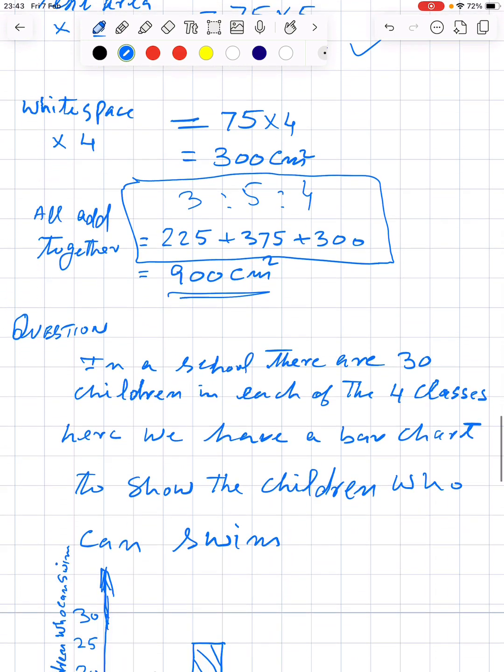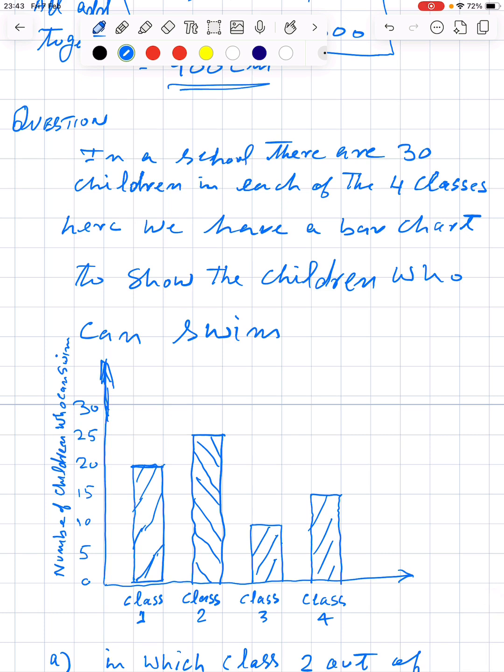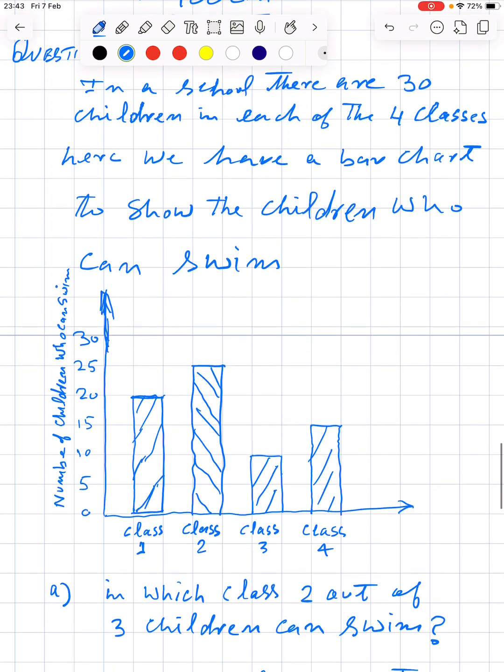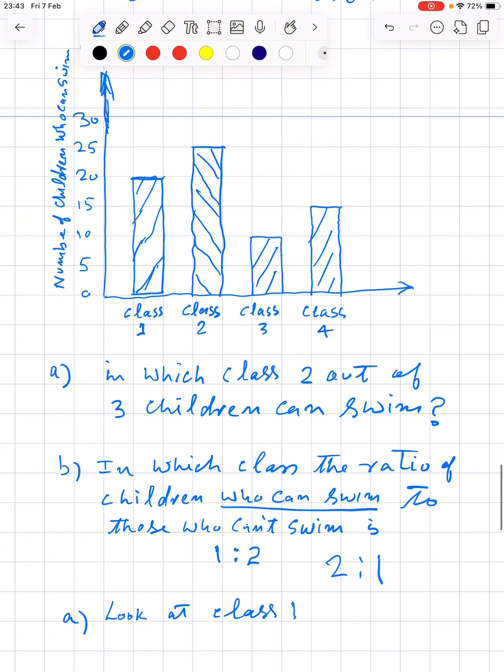And the final question in this one is, in a school, there are 30 children in each of the 4 classes. Here we have a bar chart which shows the children who can swim. Okay, the question is, in which class 2 out of 3 children can swim? 2 out of 3.